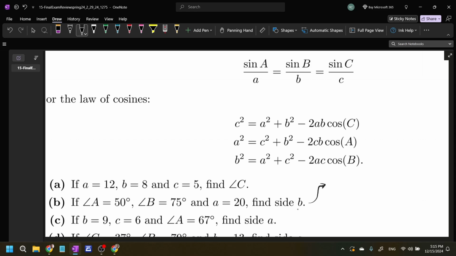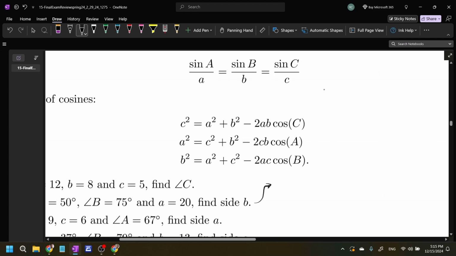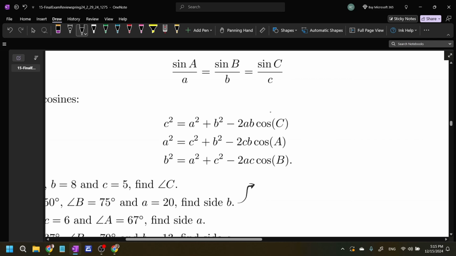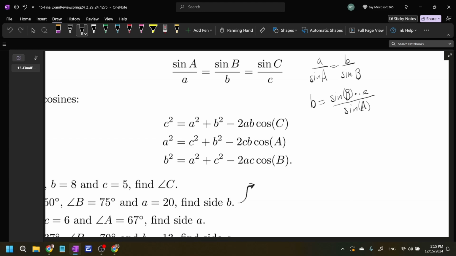And because we're trying to find side B, let's flip these law of sines fractions so that we have A over sine A equals B over sine B. And then we can multiply both sides by sine of B. I should really put this little a in front.